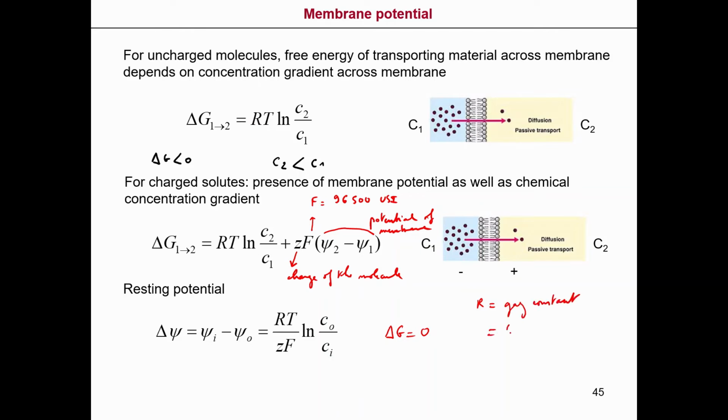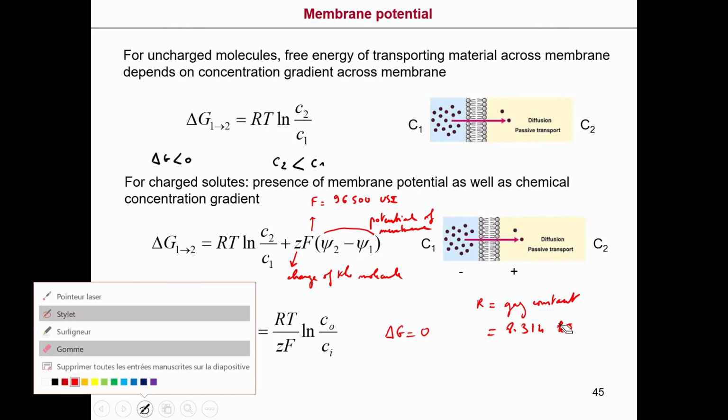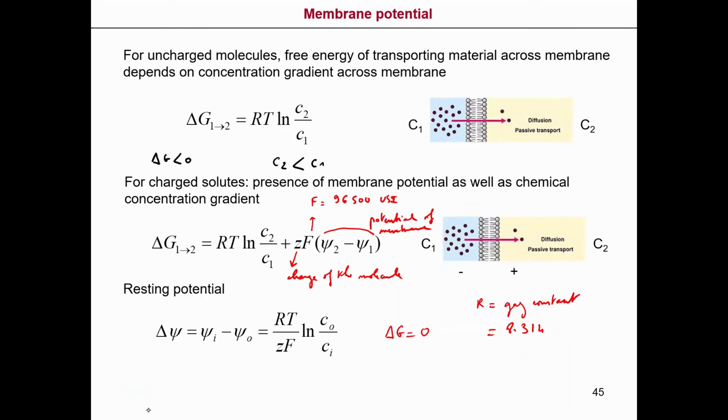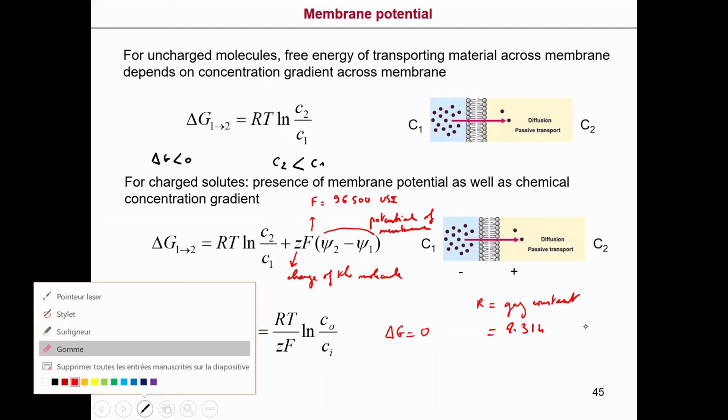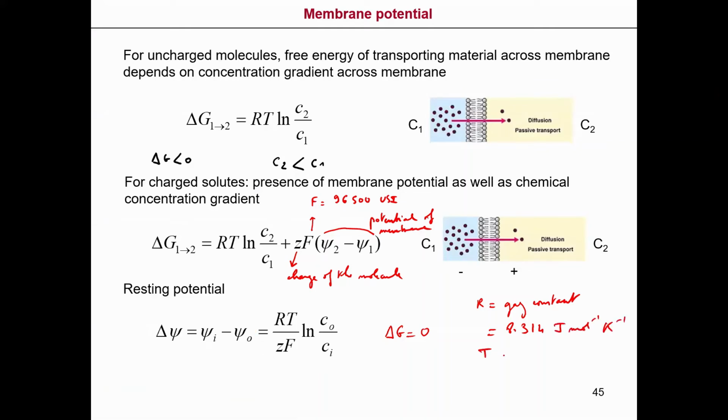So it's 8.314, in joules, sorry, joule per mole per Kelvin. T will be in Kelvin. Don't forget that temperature must be in Kelvin, okay? So we will have an exercise about that, okay?